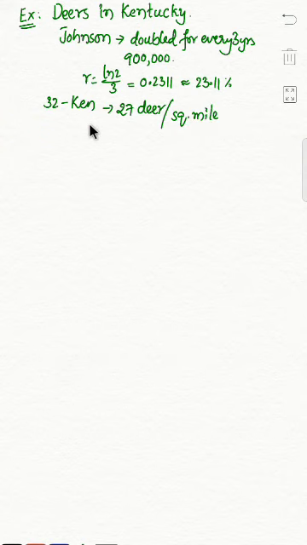The whole state of Kentucky is 39,732 square miles. If we multiply these two, then we will have the maximum population that Kentucky can accommodate.